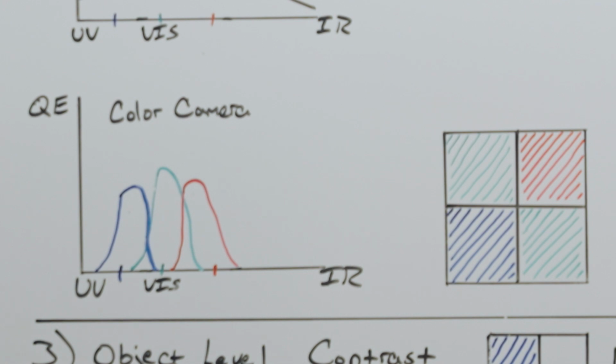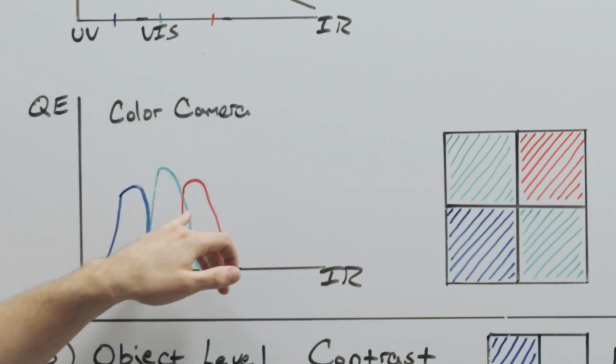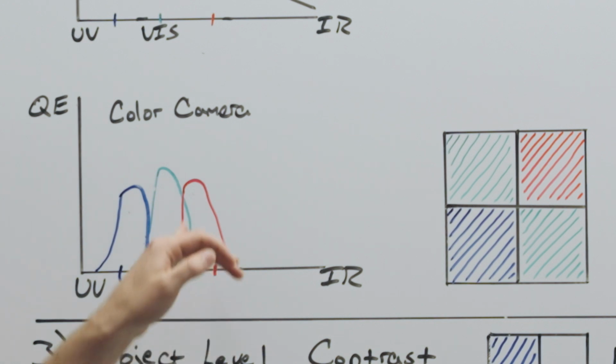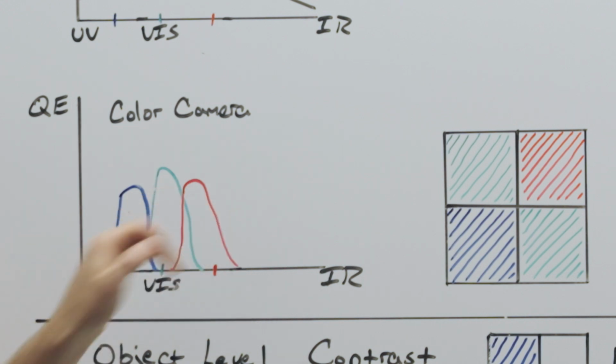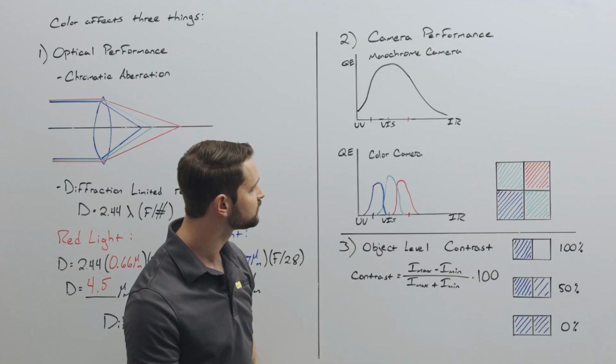So it's actually a filter that's over the top of each one of those pixels, and it's repeated throughout the entire array. And so what we're doing is we're actually filtering the wavelengths of light that are making it to those individual pixels. We're going to show how that's going to impact our resolution and also just overall the way that the imaging system looks, because to regenerate that color, it's going to interpolate between the different colors and what we're actually outputting on the camera sensor itself for our image.